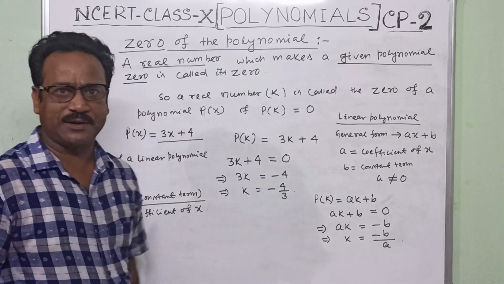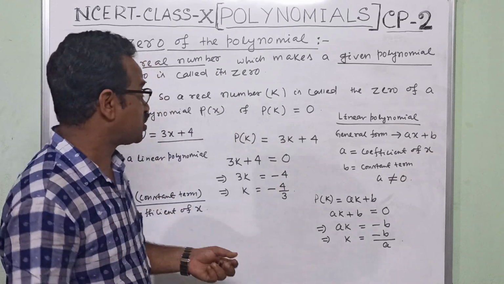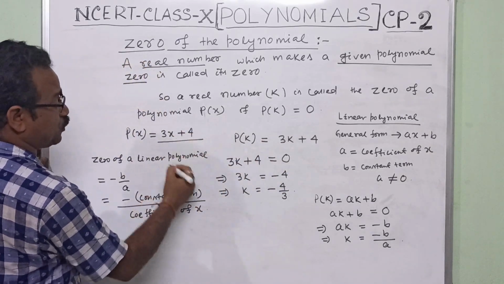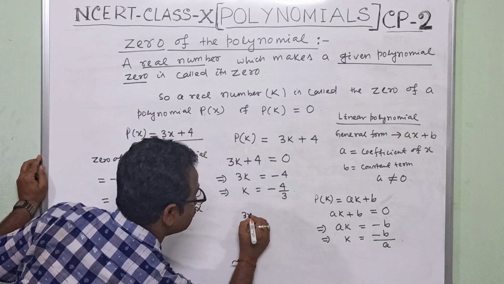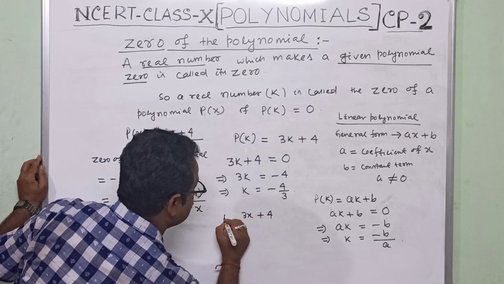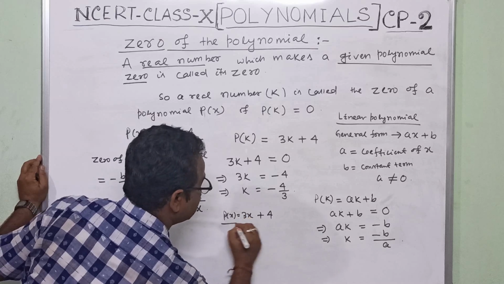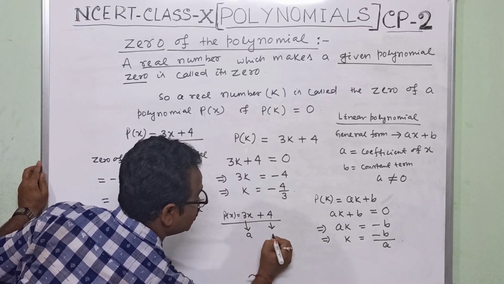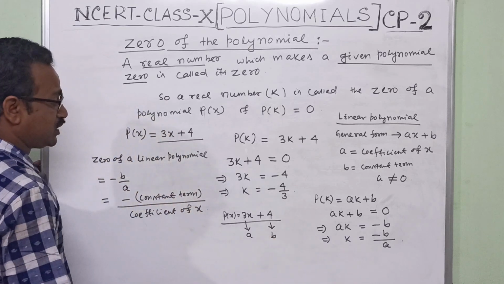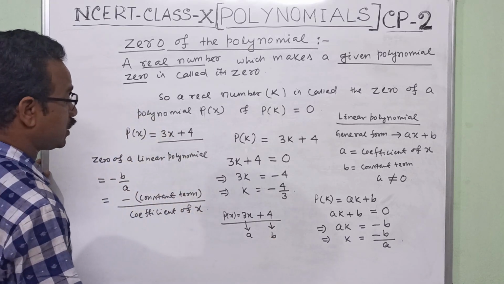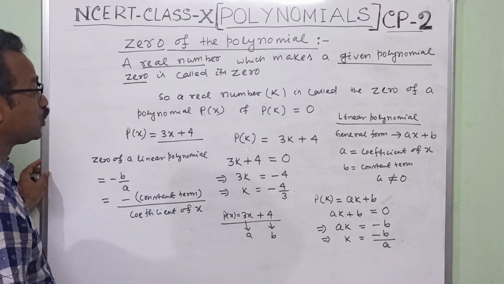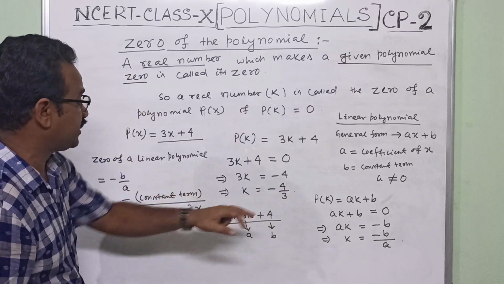Now let us verify whether we are correct or not. Here our polynomial is p(x) = 3x + 4. Here this is your a, this is your b. We have already obtained the root -4/3.